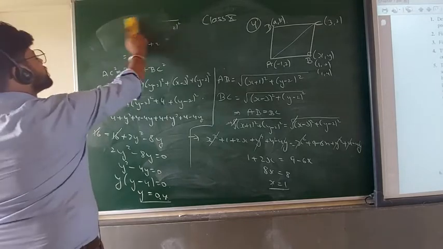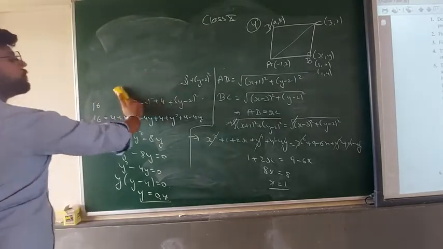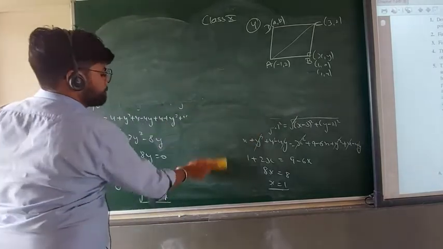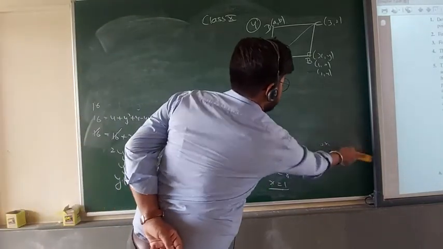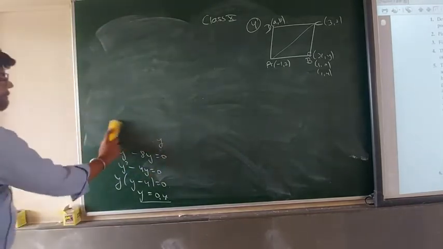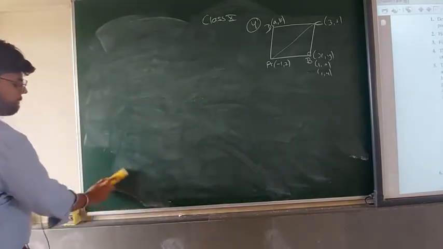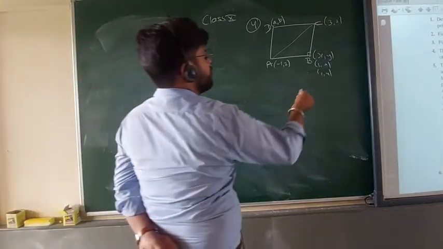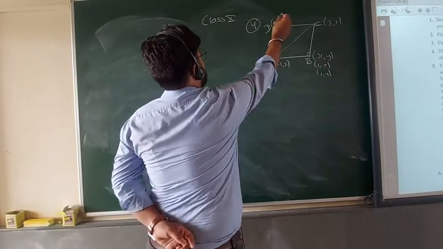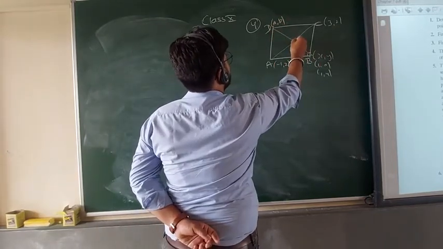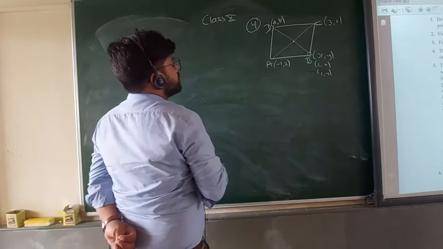Now I rub this one out completely, note it down. If this will be (1, 0) or (1, 4), it will depend. Now I have to find (a, b) also. Now I will make the diagonal, and we all know it will intersect at the midpoint.